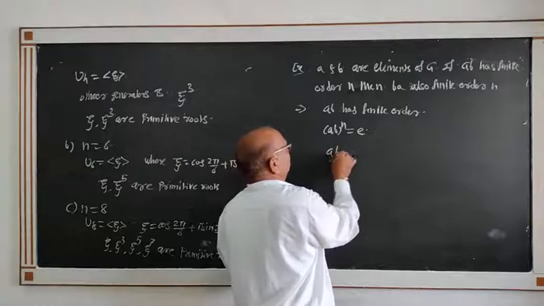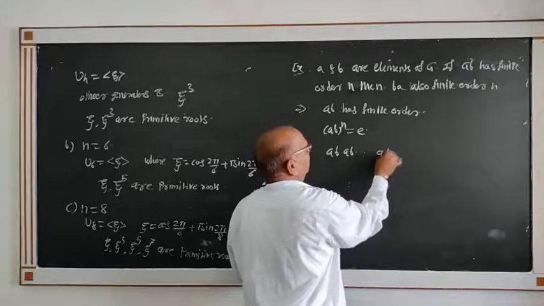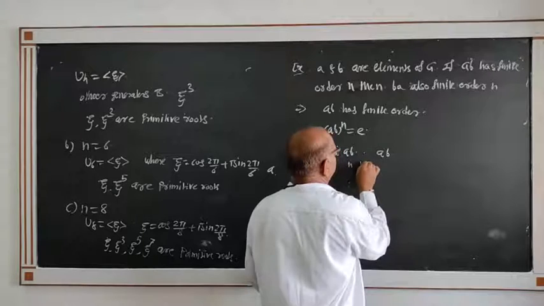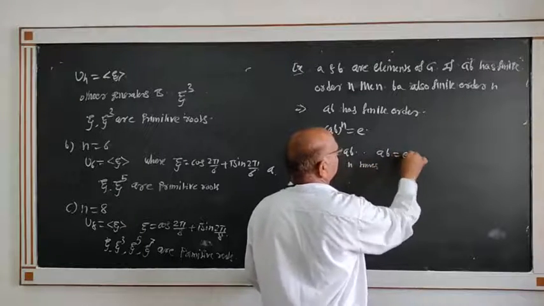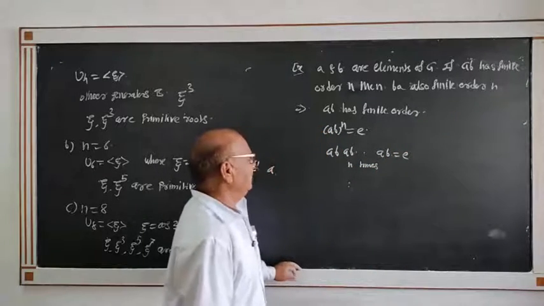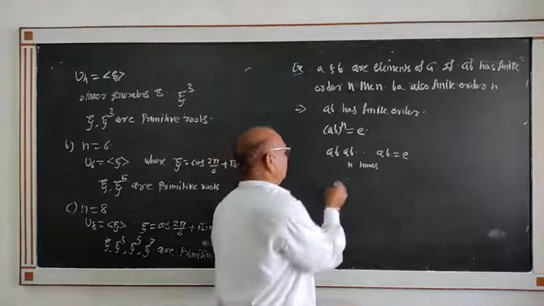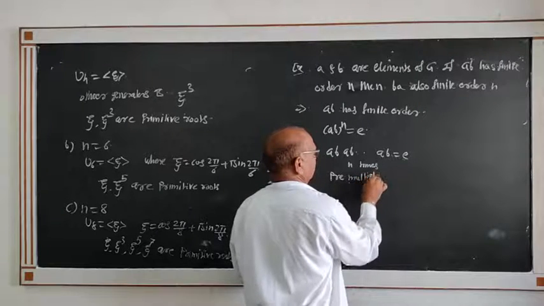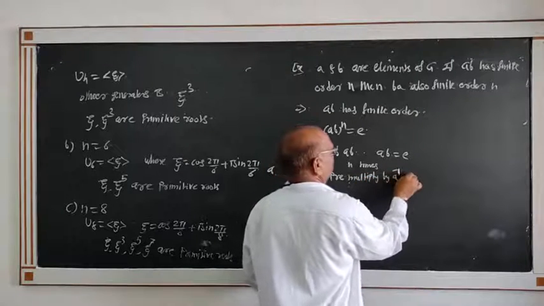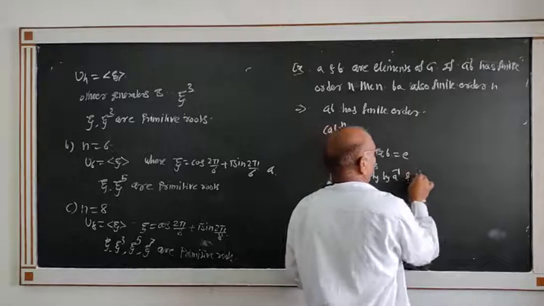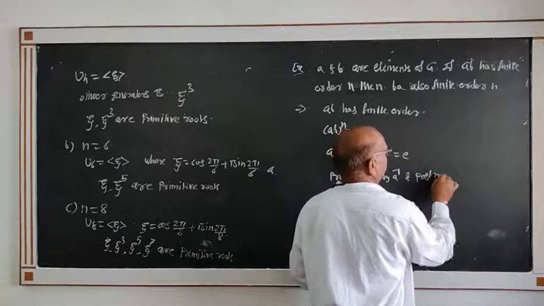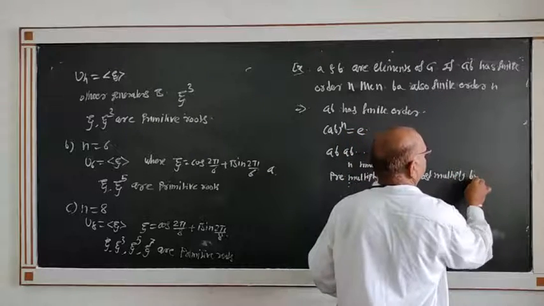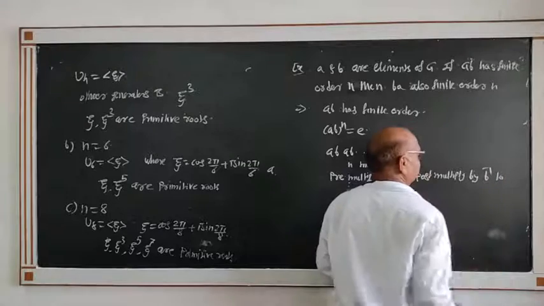That means AB multiplied N times is equal to E. Pre-multiply by A inverse and post-multiply by B inverse on both sides.